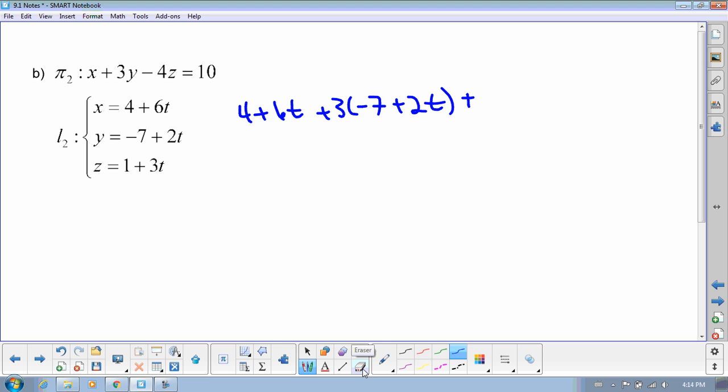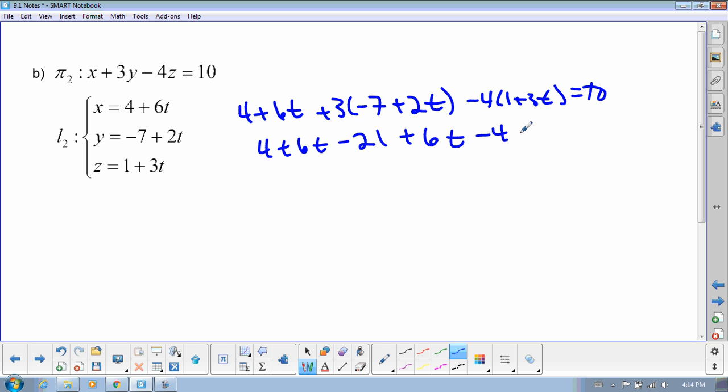Oops, that shouldn't be a plus. It should be a minus since it's minus 4z. So minus 4 multiplied by 1 plus 3t equals 10. So if you go through and you expand everything, you are going to end up with 4 plus 6t minus 21 plus 6t minus 4 minus 12t equals 10.